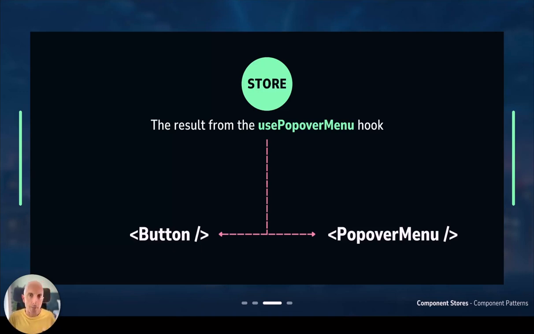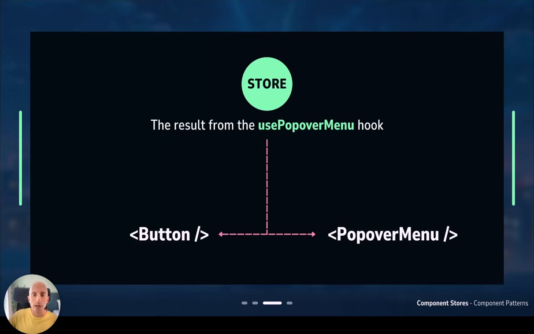That store is going to contain all of the logic and functionality needed to power and manage that menu. Once we have that store, we're going to pass that into the button that triggers that popover menu, and we're going to pass that into the popover menu component itself. So now the button and the popover menu are in sync together. We're going to look at a bunch of code to break this down.